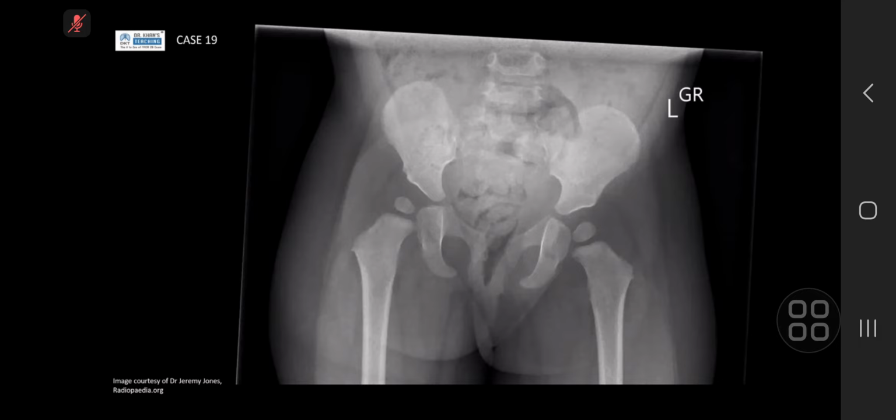The pelvic X-ray is a bit tilted, not well centralized. However, I would raise the suspicion of right-sided DDH. Yep, well done, correct.